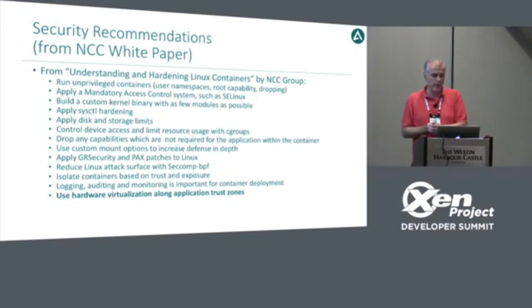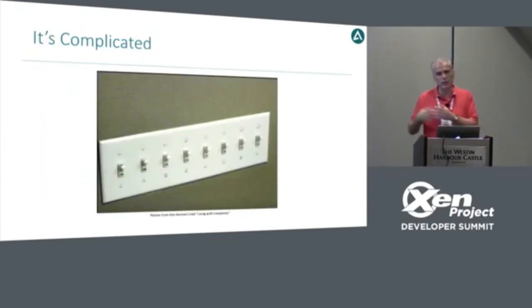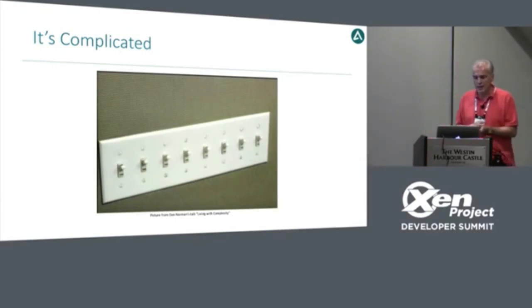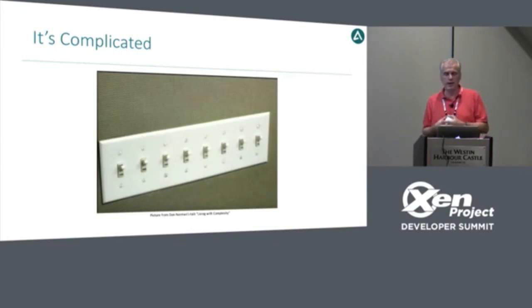The recommendation at the end is to use hardware virtualization to partition containers: run containers from a specific user in one VM, and create multiple VMs for users. But in reality, it looks like hundreds and hundreds of switches that somebody is going to get wrong, and if they get it wrong, they are essentially opening up their system to attacks.